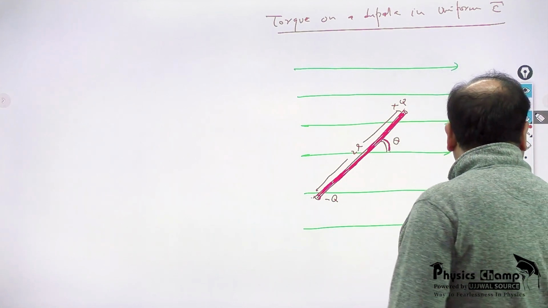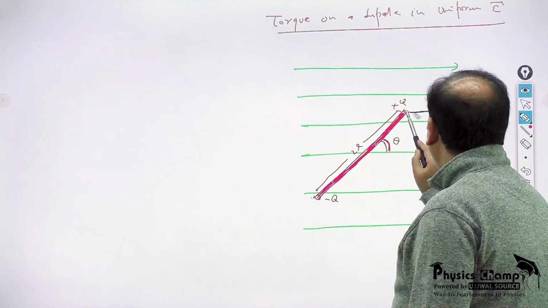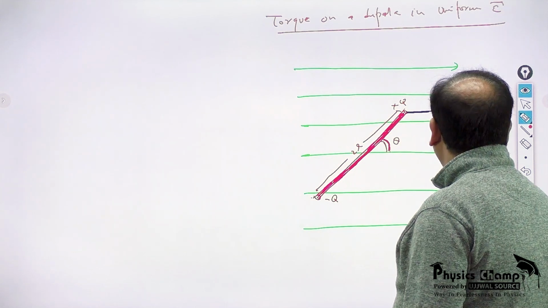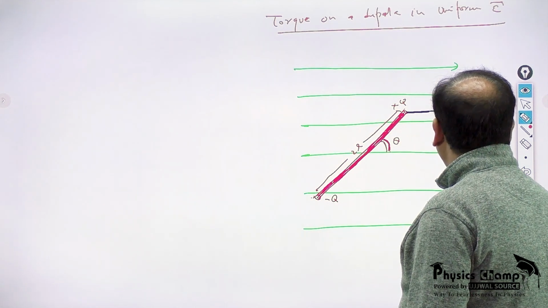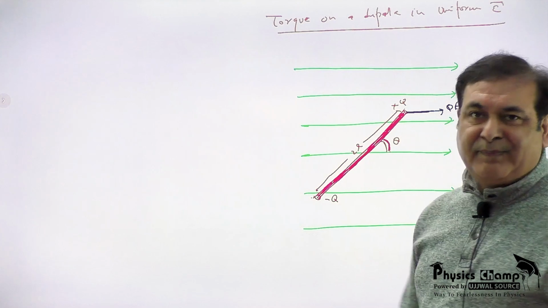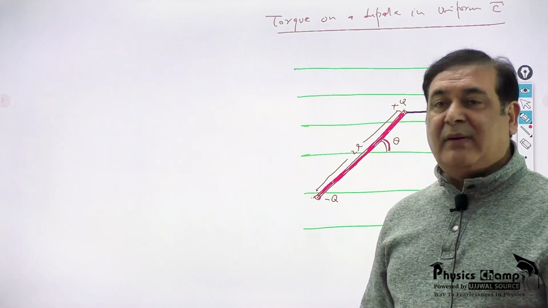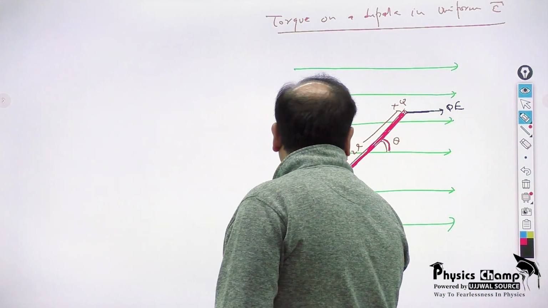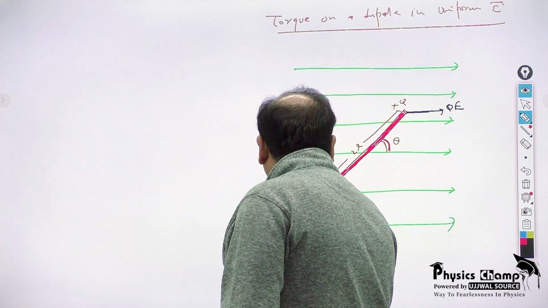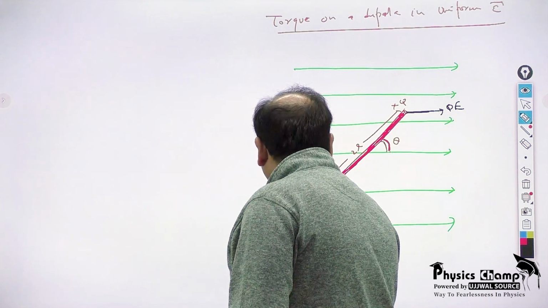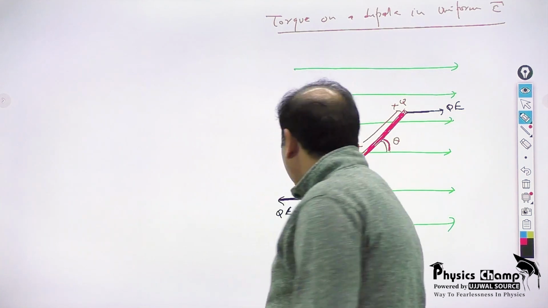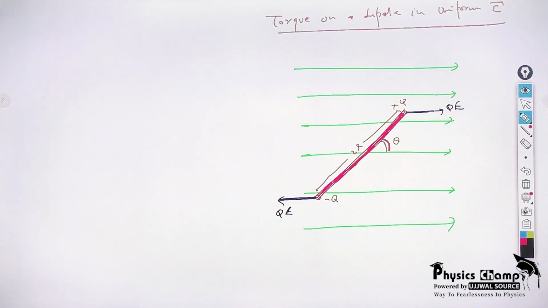So on this positive charge, there will be a force that will act in this direction, qE. We know the physical significance of electric field, in the direction of electric field. And on this negative charge, there will be a force that will act in this direction, qE, opposite to electric field.